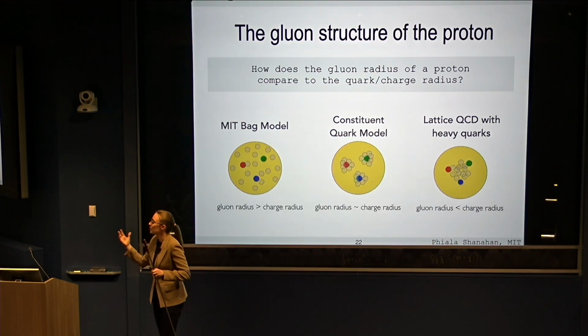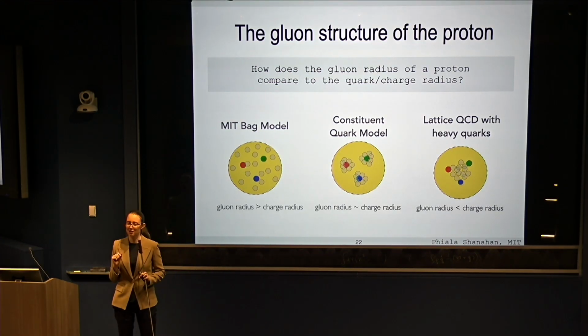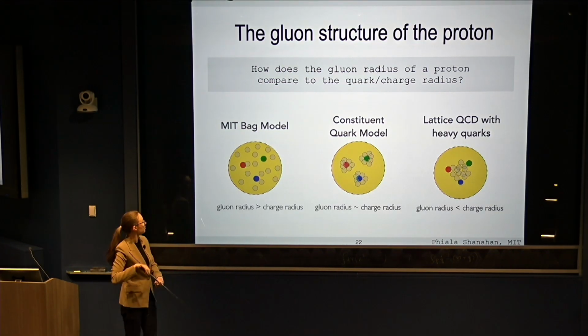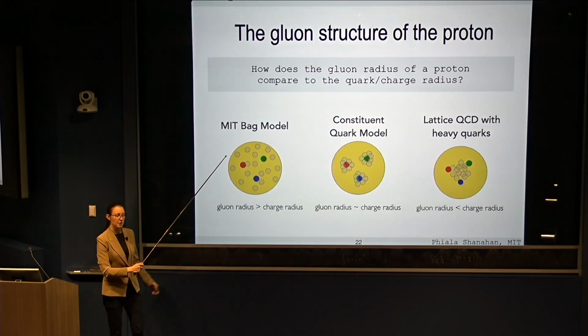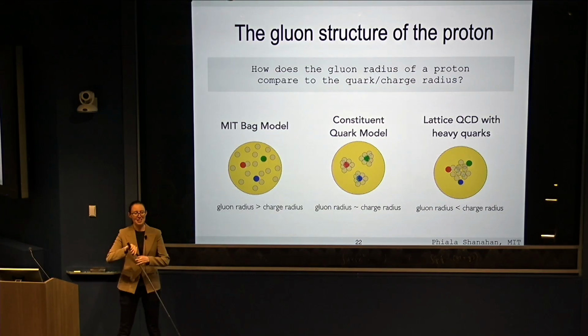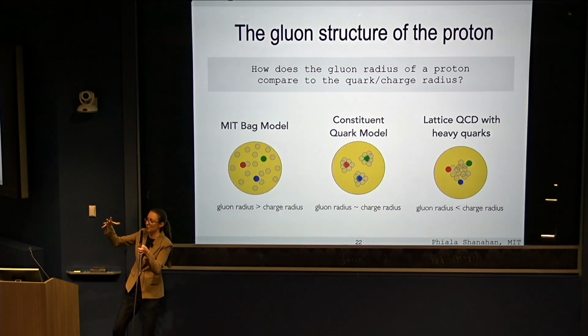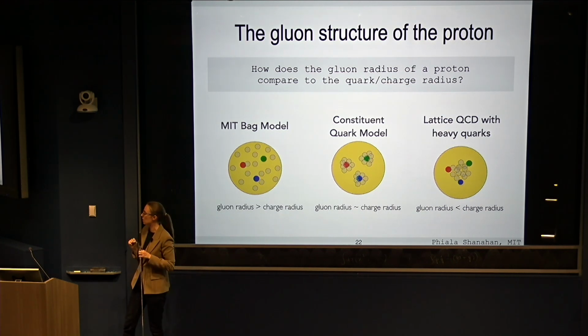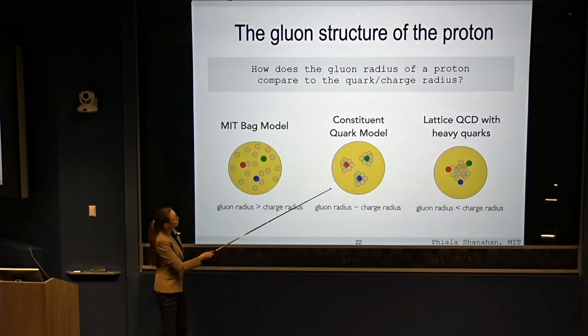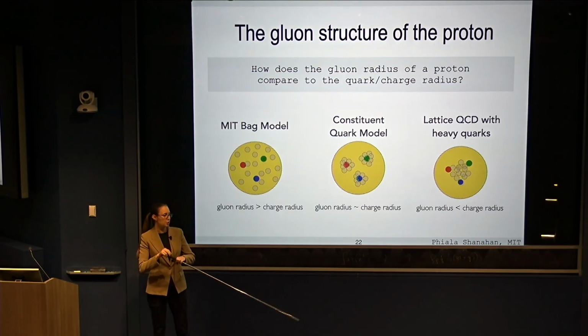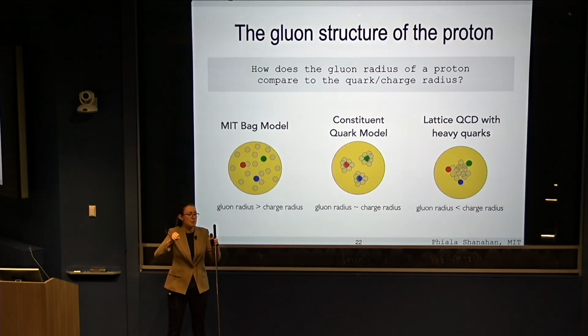So we do what we always do as theorists. We turn to models and say, okay, what do models tell me? If I'm from MIT, you like the MIT bag model. That's a model where gluons expand to fill a bag. And you say, okay, the gluons are filling the whole bag, so a gluon radius will be bigger than the quark radius. If you like constituent quark models, that's a model where the gluons basically hide inside massive quarks.